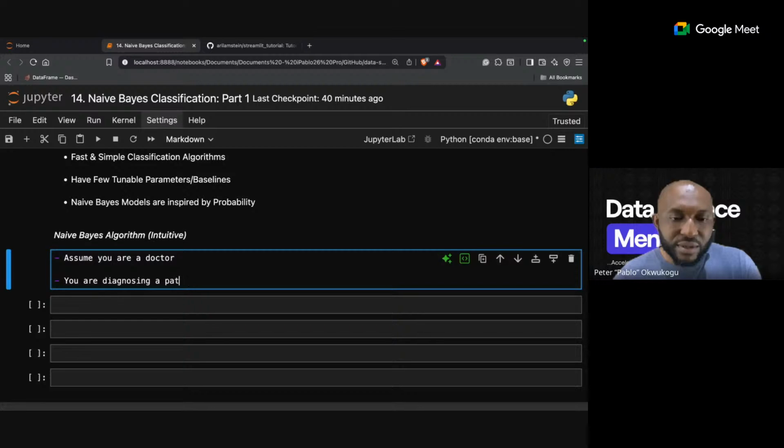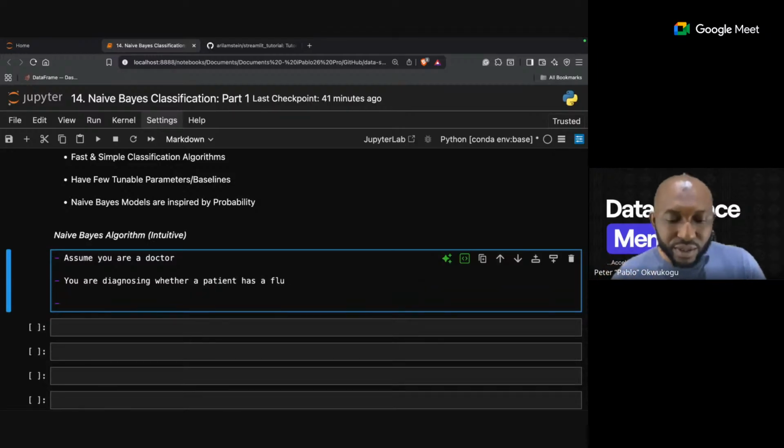Or let me put it this way: you're diagnosing whether a patient has flu. Now, you can see at this point, since it's a classification model, the target label, which is what we are predicting, is discrete. So does the patient have flu or not?